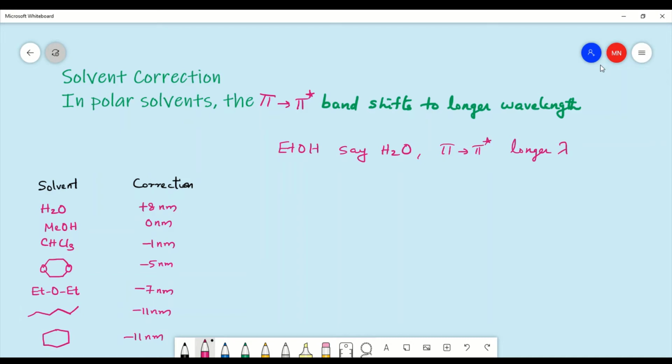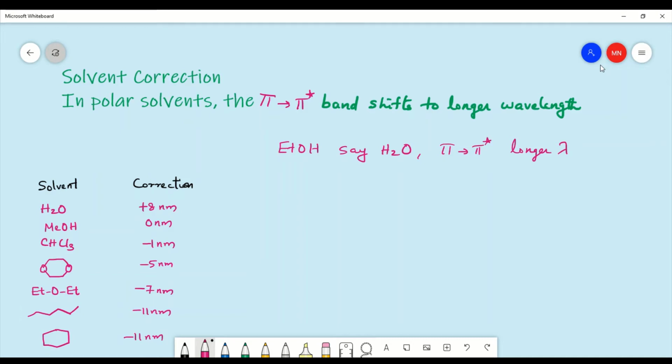So in ethanol it will be at a particular wavelength. If you are recording the UV visible spectrum of the same compound in water, which is more polar than ethanol, that band was found to be at a longer wavelength.